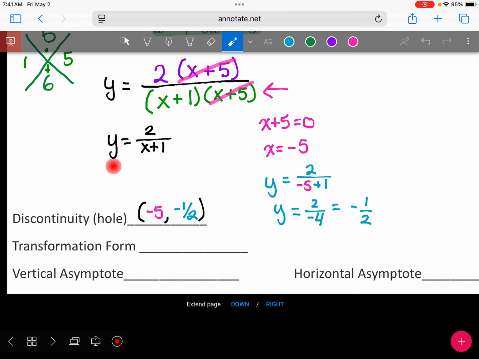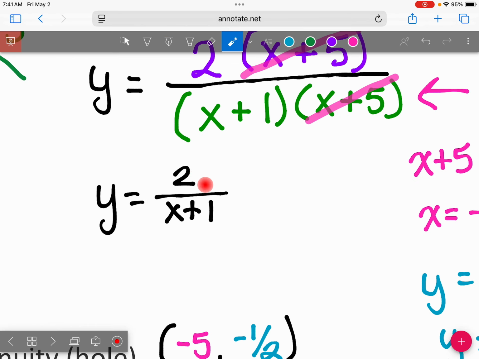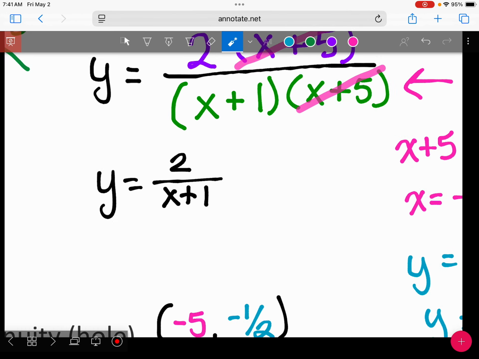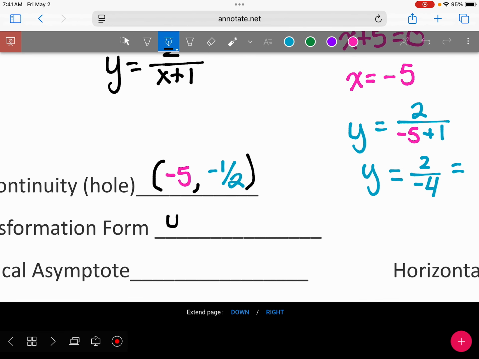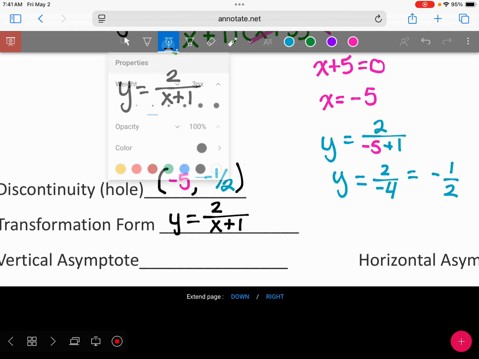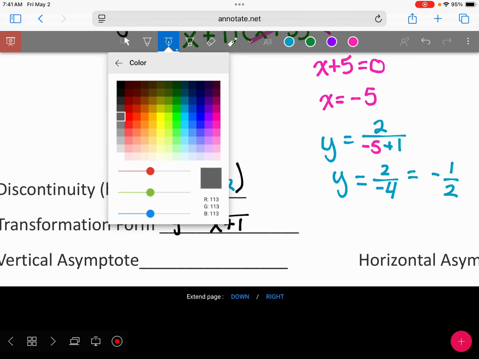Is this leftover bit in transformation form or in quotient form? It's in transformation form. Because we don't have any x's left in our numerator, we do not even have to do any dividing stuff. So our transformation form is y equals 2 over x plus 1, which means I know my asymptotes, because what's my h? -1.